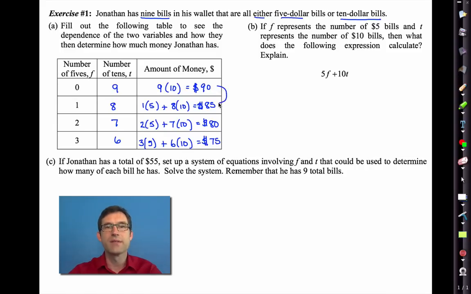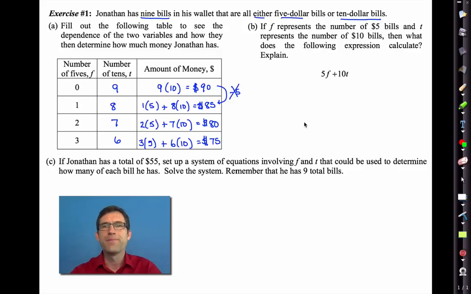It's not a coincidence, obviously, that every time we replace a $10 bill by a $5 bill, this goes down by 5. It's not particularly important to the problem, but you might notice the pattern. We're trading 10s for 5s, so we get 5 less dollars each time.